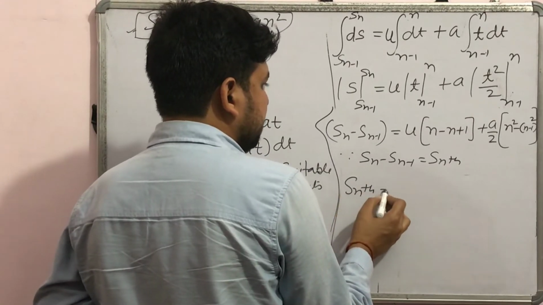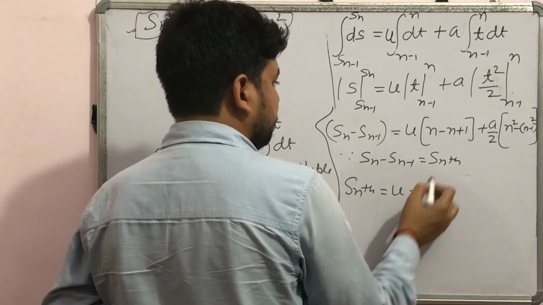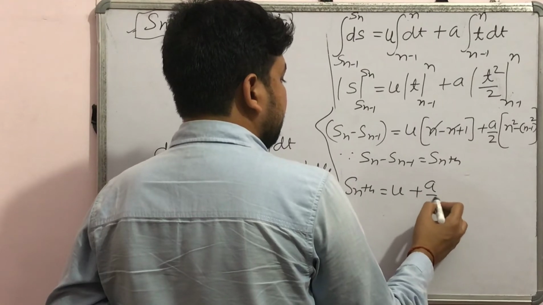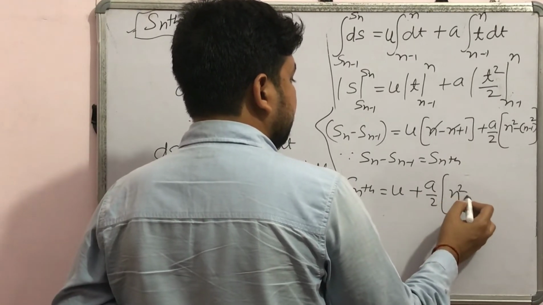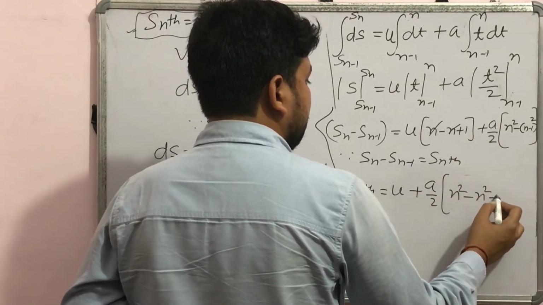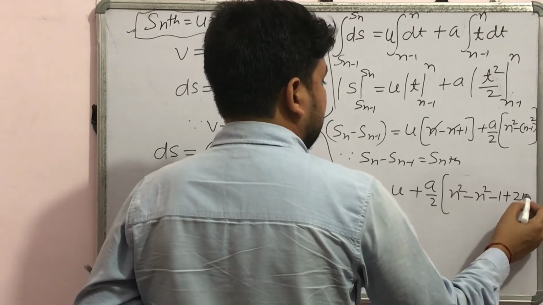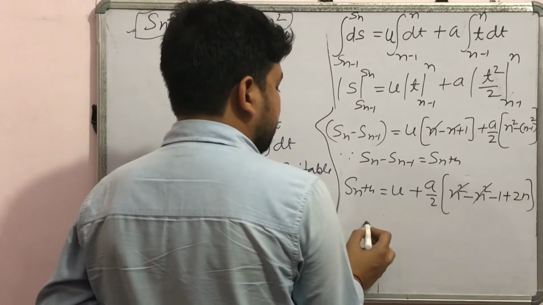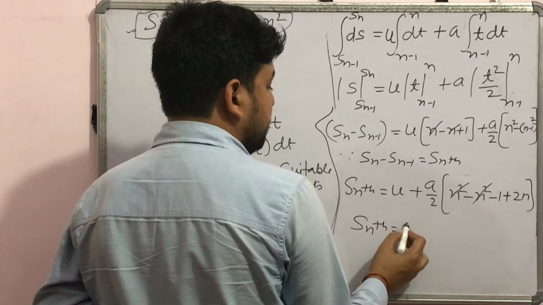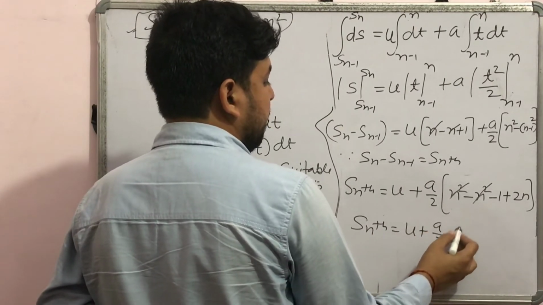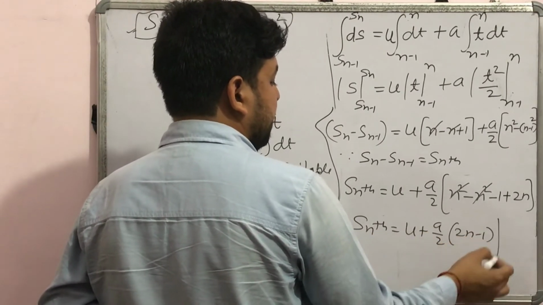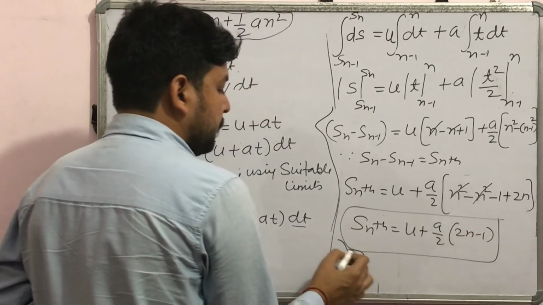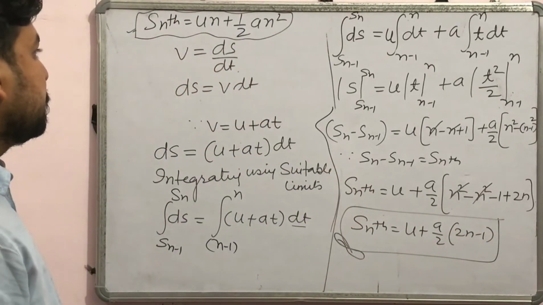S nth is u into 1 plus a by 2 into 2n minus 1, so S nth comes to be u plus half a 2n minus 1. This is the fourth equation of motion.